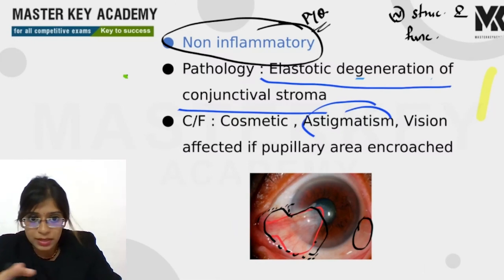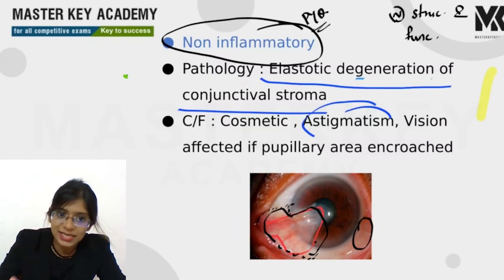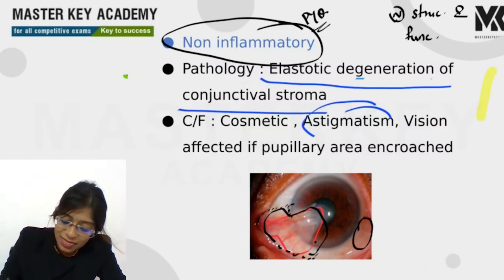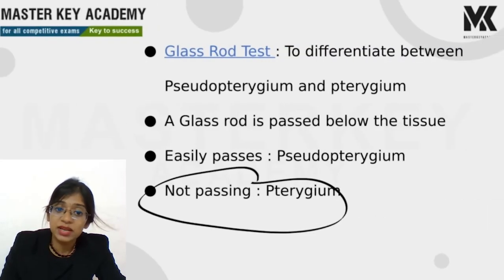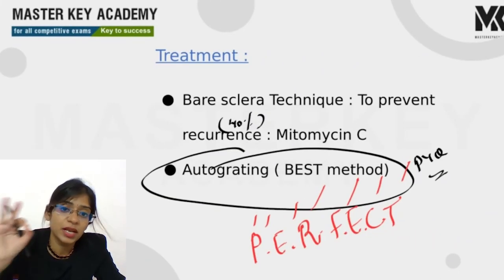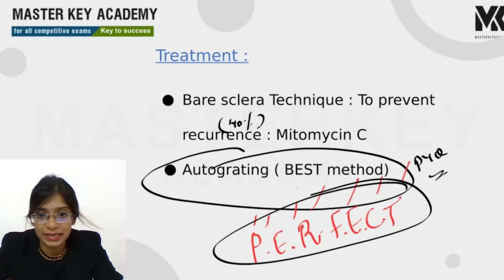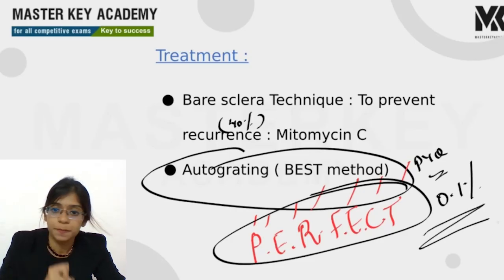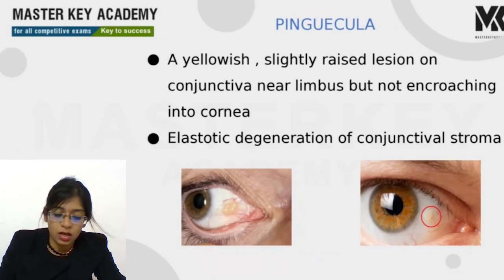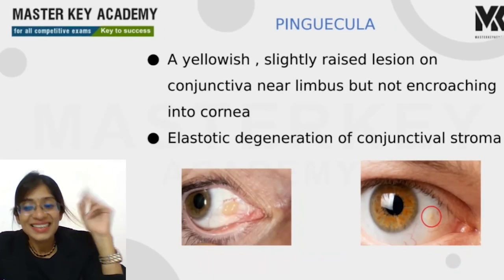That also will be extended, not small, extended conjunctival tissue, and we place it over this bare sclera. So that is your PERFECT technique. The recurrence chance is very, very low, it is the best technique. The recurrence chance is just 0.1%, guys. Okay, fine, so that's all about pterygium.